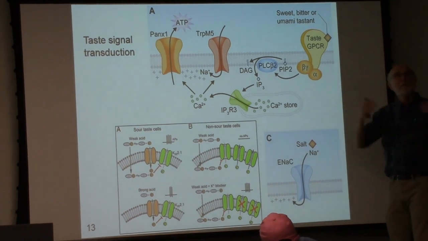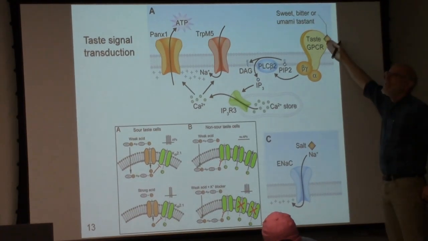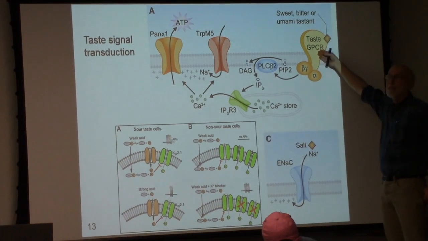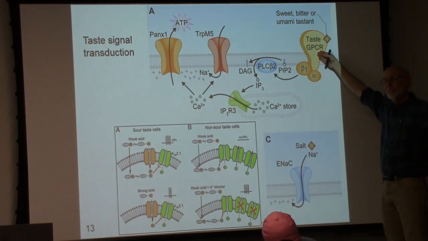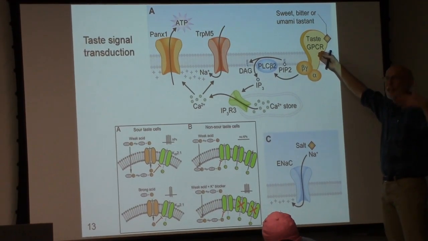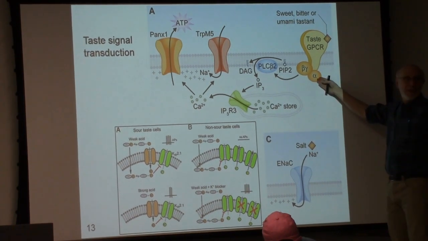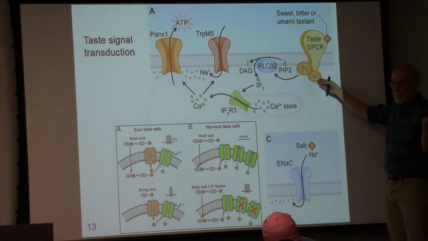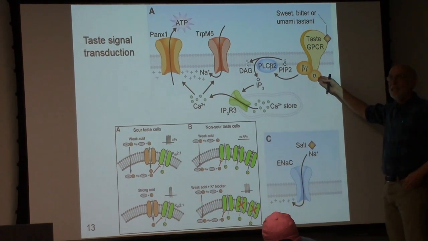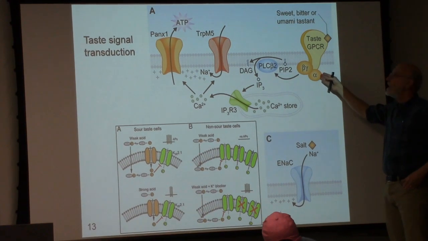Tell me, come on. You tell me the story. Binding of the tastant to the GPCR. Next. Thank you. Conformational change. Then you have the exchange of GTP with the GDP. Conformational change, and then GDP dissociation and GTP association of the alpha.